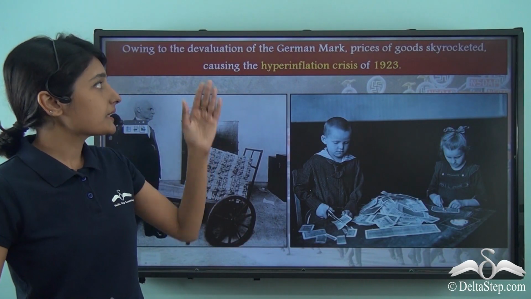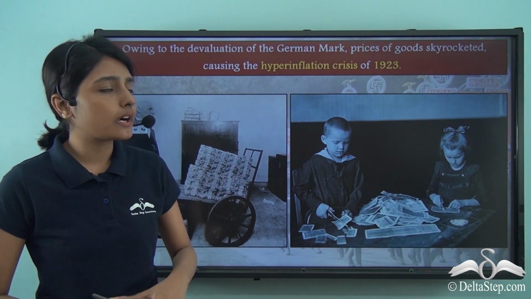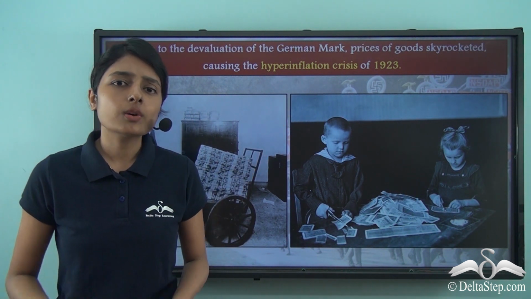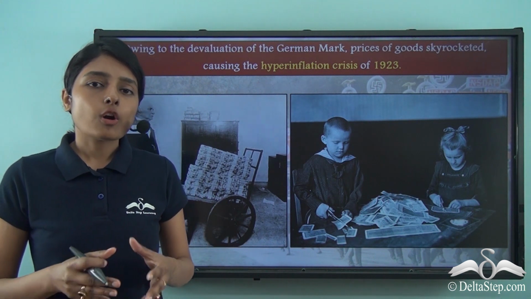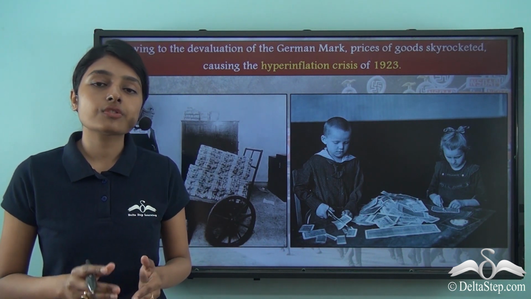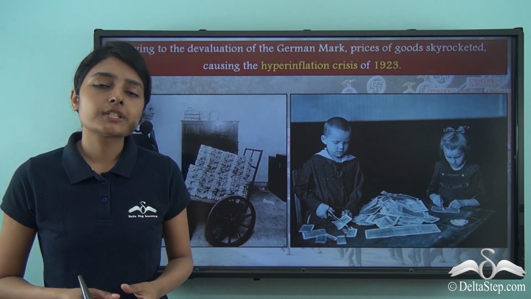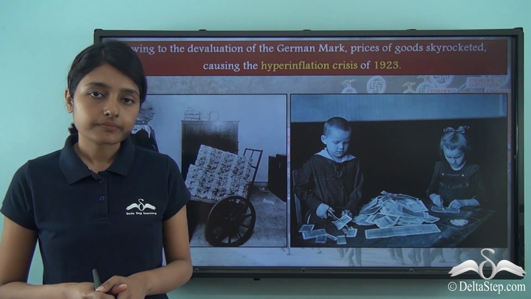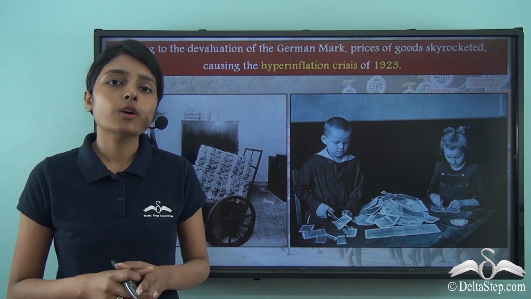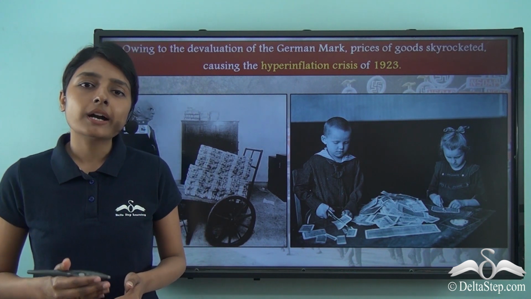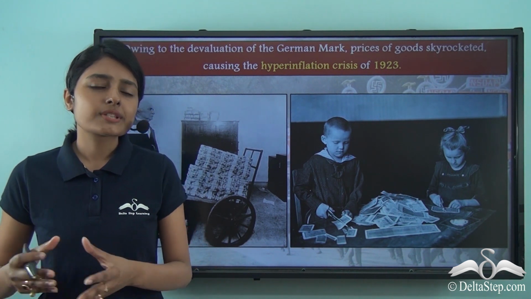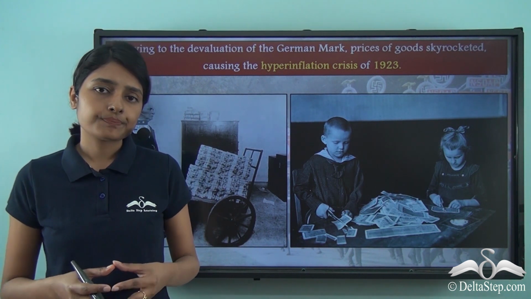Owing to the rapid devaluation of the German mark, prices of goods now skyrocketed. We already mentioned that inflation records the increase of the prices of various commodities over a period of time. We also learned how the value of the German mark fell drastically with respect to the US dollar.